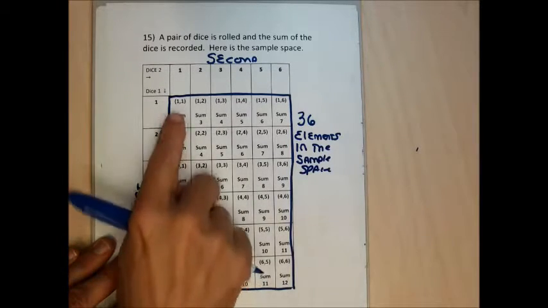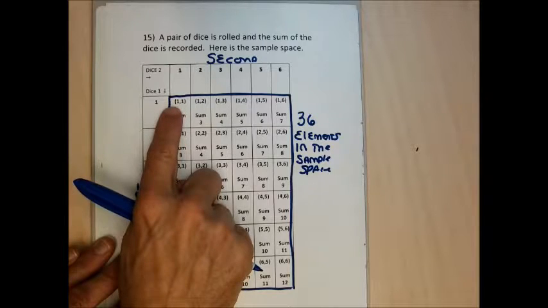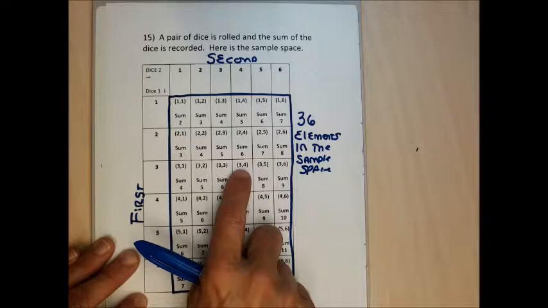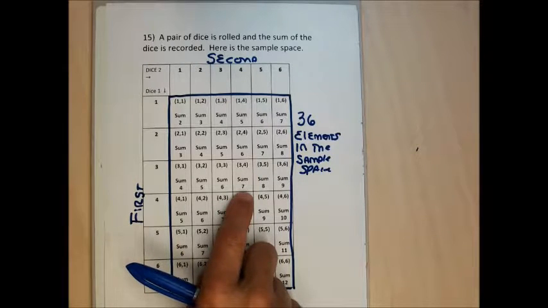And each element has 2 things. It has the number on the first dice, the number on the second dice, and then I add up the 2 dice. So here, one of the 36 elements is the first dice came up a 3, the second dice came up a 4. When you add the 3 and the 4, you get a 7.